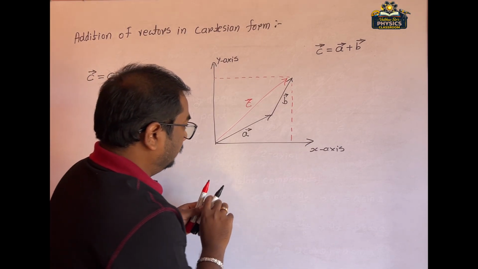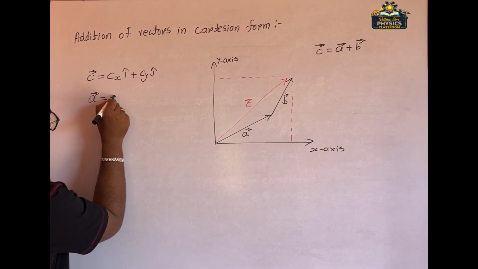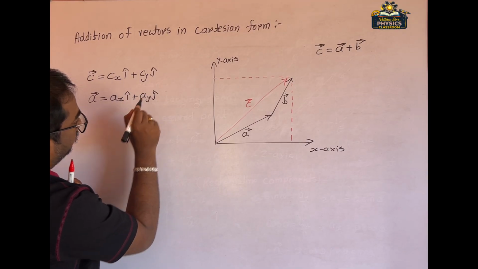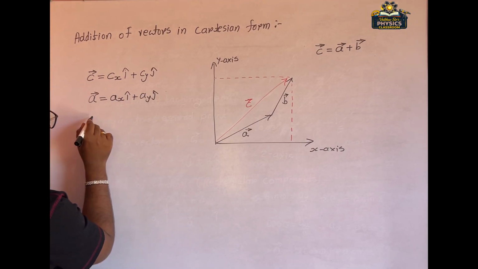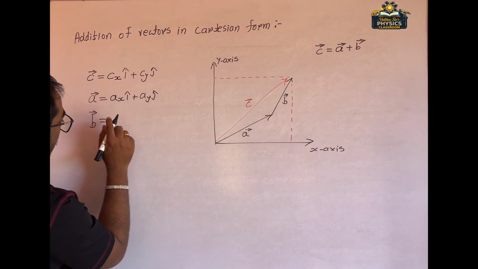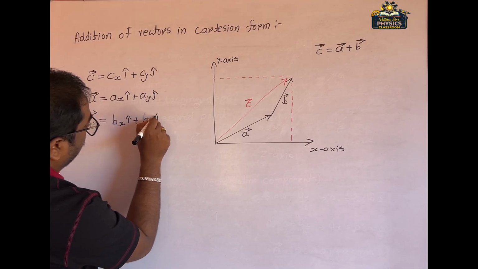Alright. Then A vector will be Ax I cap plus Ay j cap. Alright. And B vector will be Bx I cap plus By j cap.